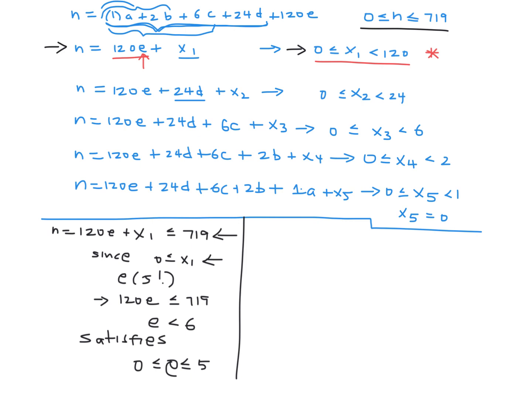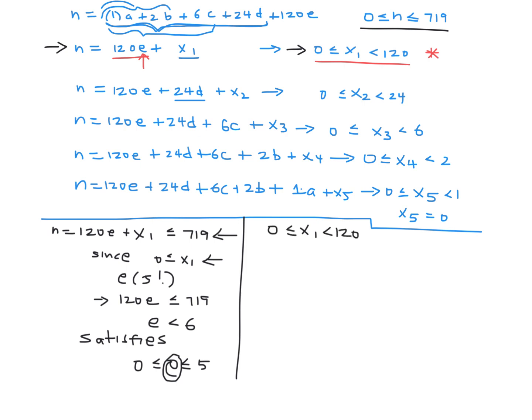The next part is proving the same thing, but not for e this time. We have to prove it for d. It's very similar. We are told that now we have x1, which was greater than or equal to 0 and less than 120.